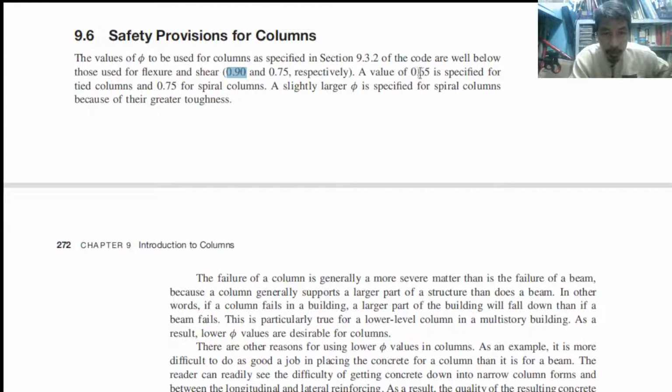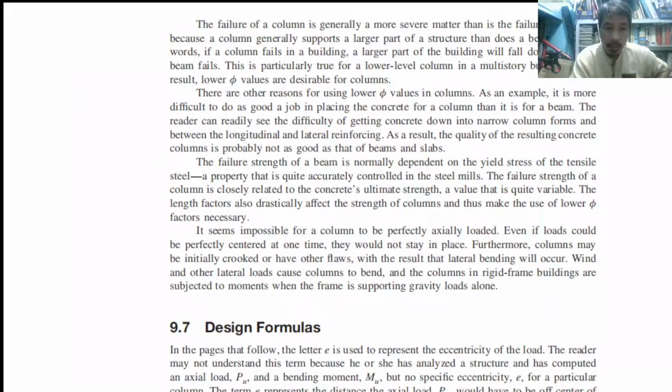The value of 0.65 is specified for tied columns and 0.75 for spiral columns. A slightly larger phi is specified for spiral columns because of their greater toughness, because of the spiral.